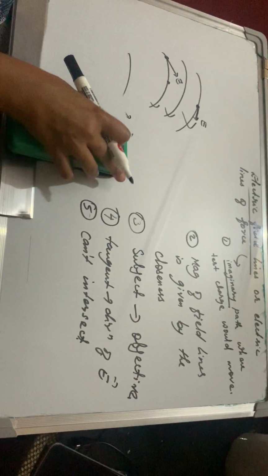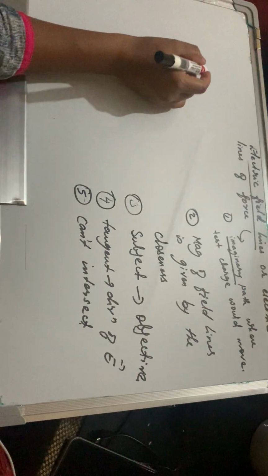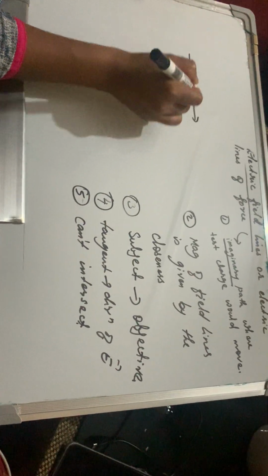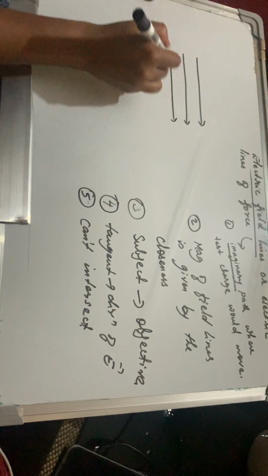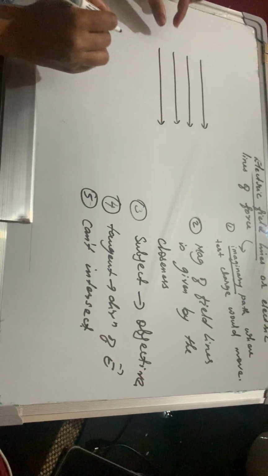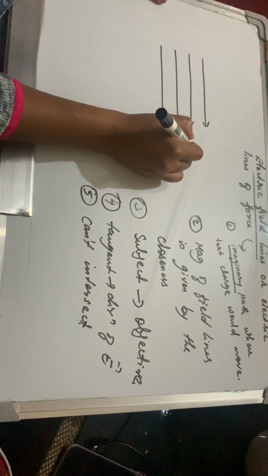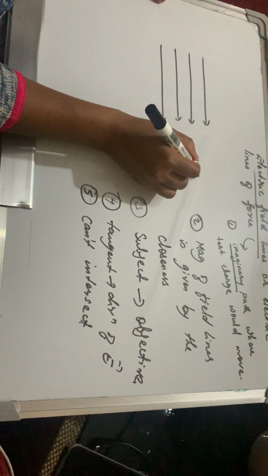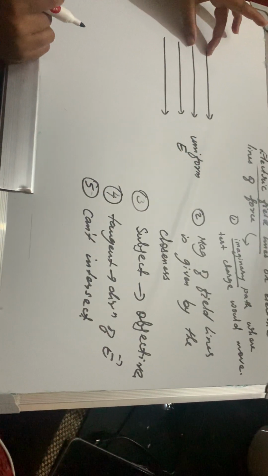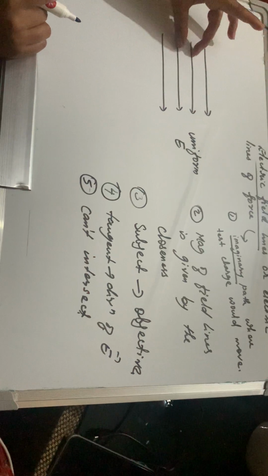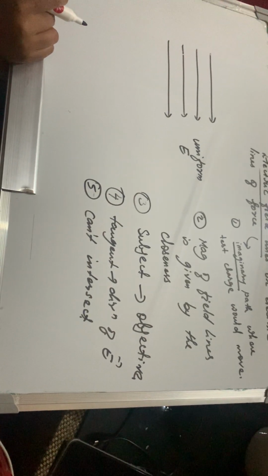Then what else? Now how to represent a uniform field? Equally separated parallel lines, equidistant parallel lines, represent uniform electric field. We need to remember, whenever you see parallel equidistant lines, it means uniform field.